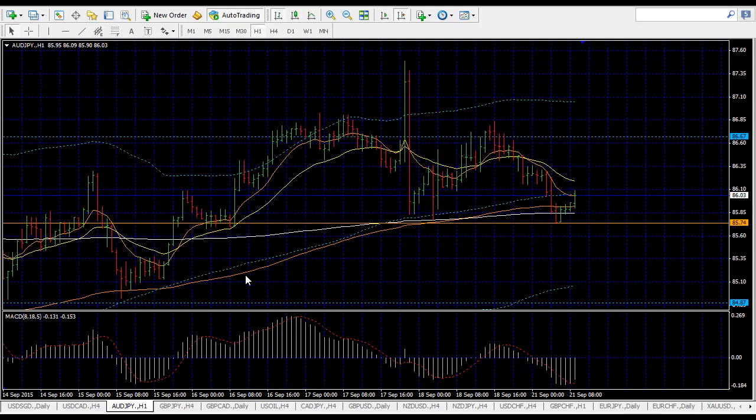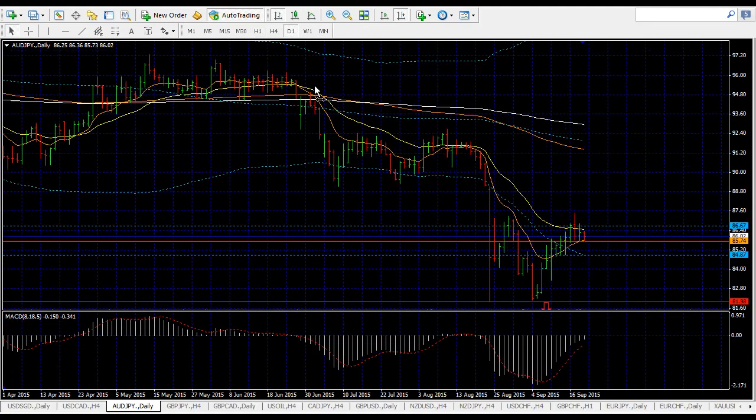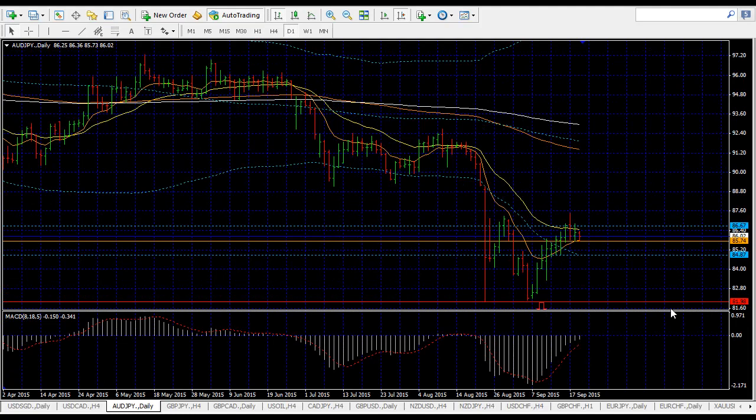Next pair, the last pair, will be the Australian yen, AUD JPY. Let's see on the daily time frame, anything interesting. The reason behind all these big upward movements over here is largely because of the change in prime minister in Australia, which seems to be pretty good news for the Australian economy until he has proven otherwise.